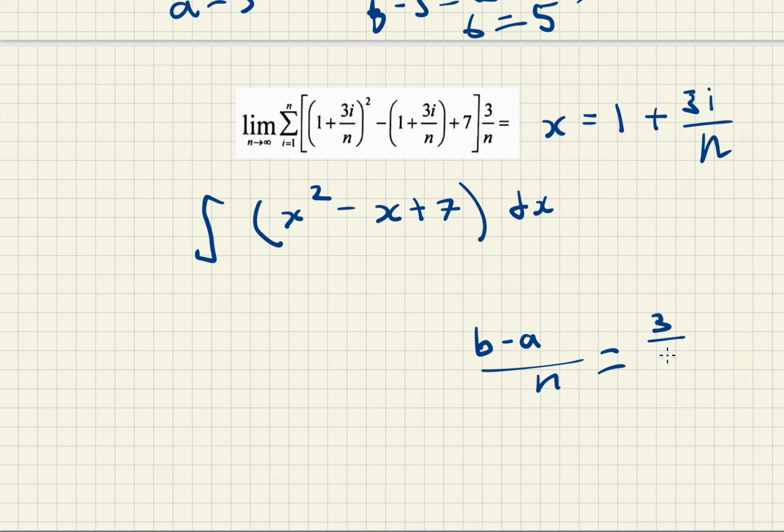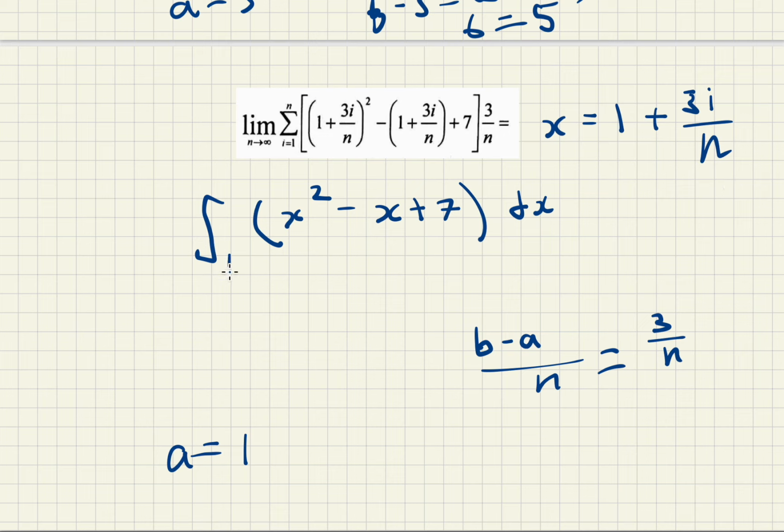And in this case, the a value is the constant which is added or subtracted to the term that has i over n. So in this case, it's 3i over n plus 1. So we know that a is equal to 1 because that is part of the x value, right? That's what's being added or subtracted to our term which contains i over n.